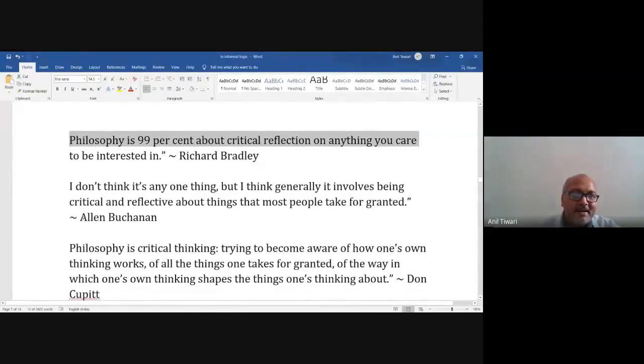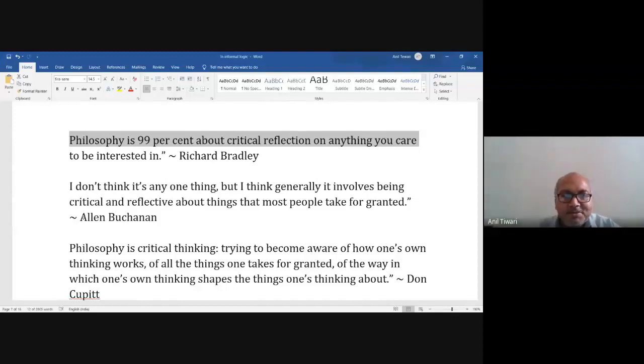Then look at Alan Buchanan, what he said. I don't think it's any one thing. Philosophy is not just one thing, but I think generally it involves being critical and reflective about things that most people take for granted.